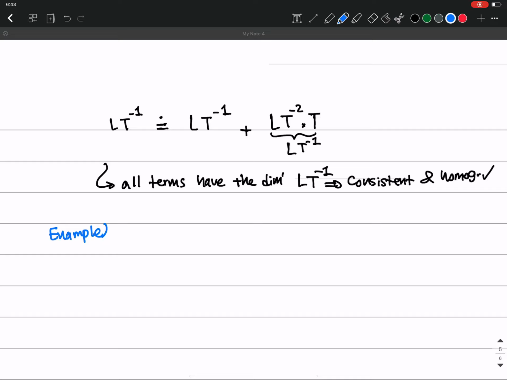So this time I want to investigate the dimensional homogeneity for a simple fluid problem that we will go through in more depth later. But for now, let's just see how it is. We have a tank of water which has an orifice.